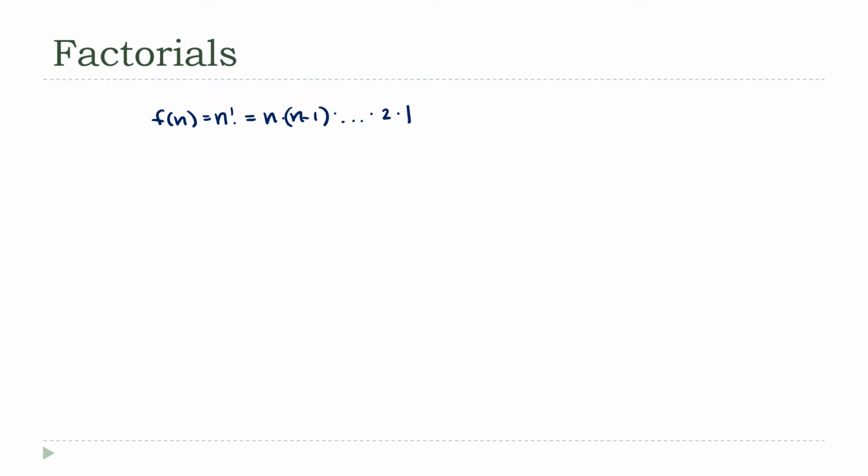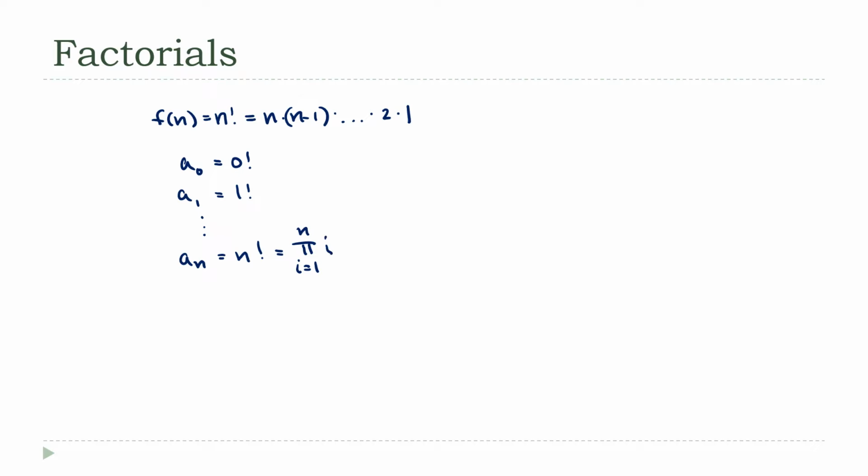Now, the domain here is clearly the non-negative integers, so the factorial function can be thought of as a sequence defined using our earlier method, where each term is defined in terms of n, that is its position in the sequence. And this is using the product notation.